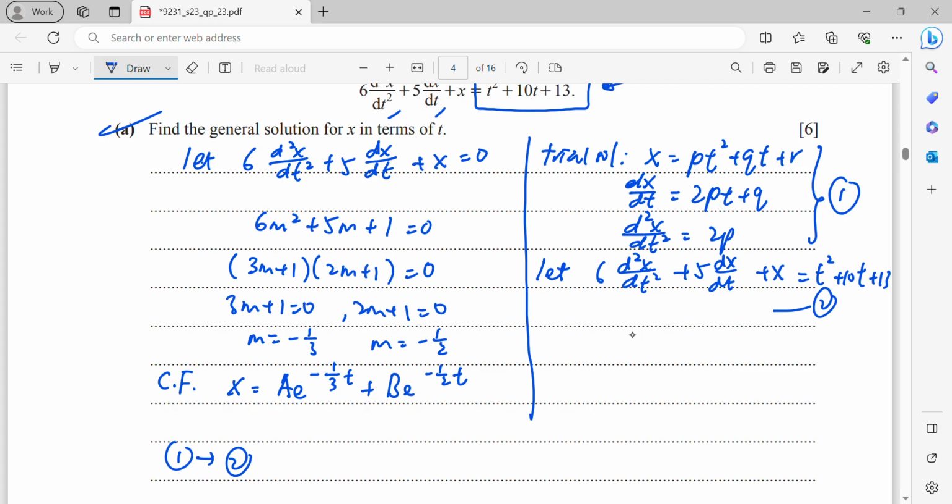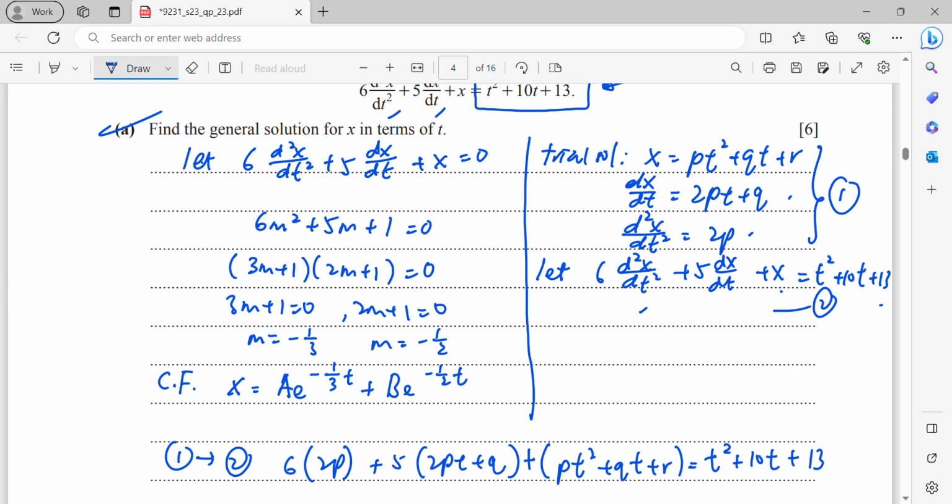So now I will get 6 times my second derivative, which is 2p, then plus 5 multiplied with the first derivative, 2pt plus q, then plus x. x is the quadratic, pt squared plus qt plus r, which equals the right hand side, t squared plus 10t plus 13.